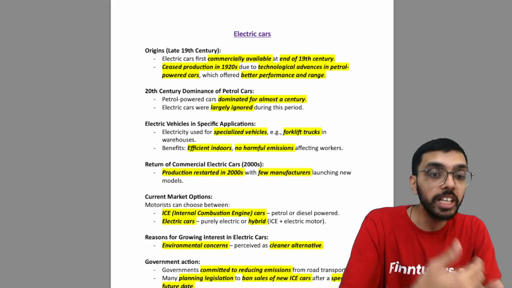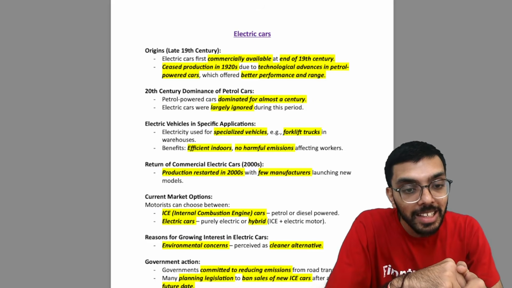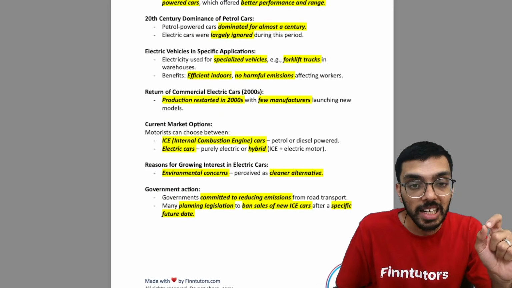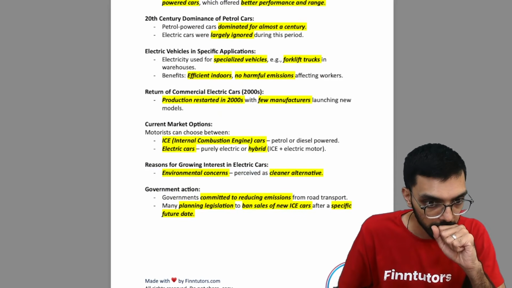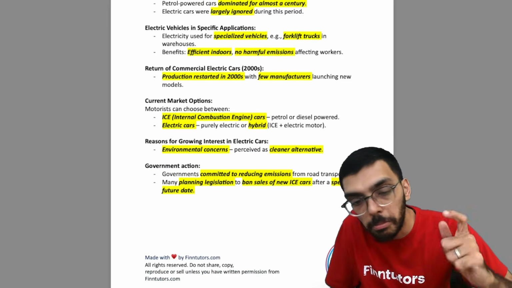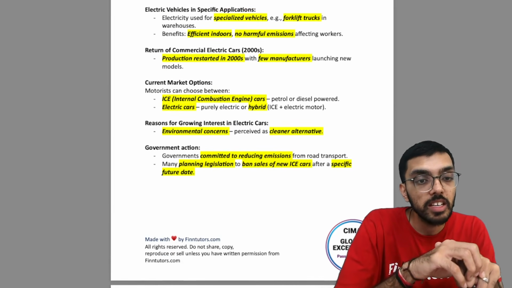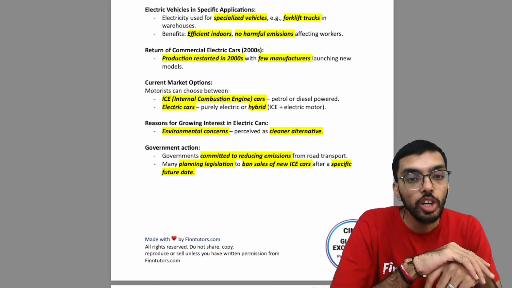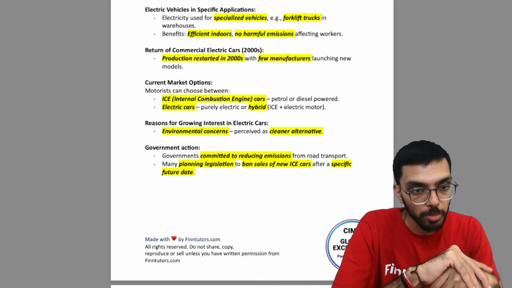Now, the growing interest in electric cars is mainly because of environmental concerns, and it's perceived as a cleaner alternative. And the most important thing about this industry is government action, because governments are committed to reducing emissions from road transport.